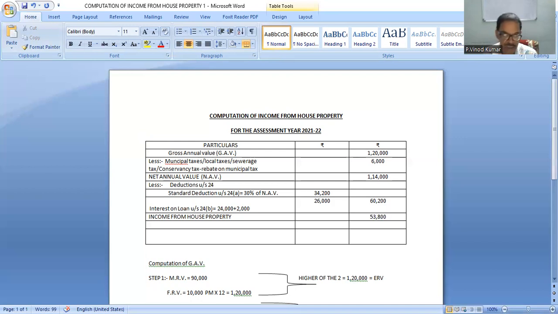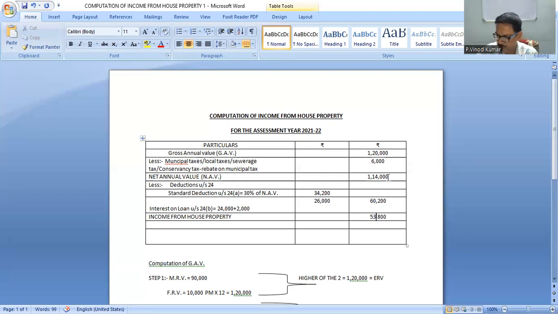So once again, I'm repeating it. First you have to calculate GAV. GAV you have to calculate using 3 steps, but in this problem, the standard rental value is not given, so we can have only 2 steps here. Now what is the GAV? 1,20,000 less municipal taxes paid by the owner 6,000 is NAV 1,14,000. 30% of NAV, the 30% of 1,14,000, is 34,200, right?